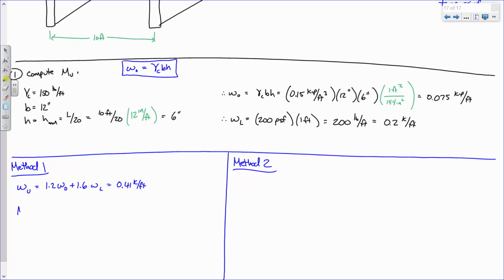All right, and then Mu is WL squared over 8, which is 0.41 kips per foot times, what was the length? 10 feet. 10 feet squared over 8.